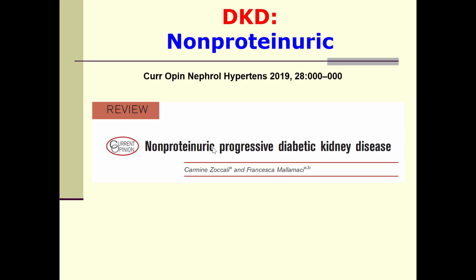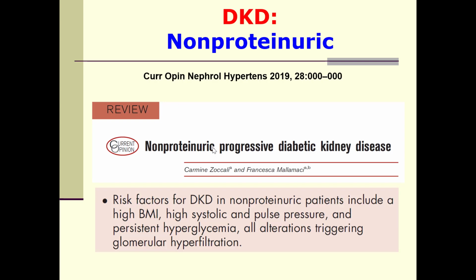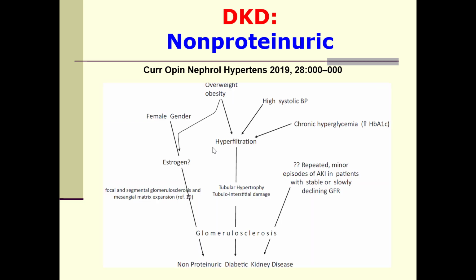We have another term, non-proteinuric progressive diabetic kidney disease. The risk factors for diabetic kidney disease in non-proteinuric patients include a high body mass index, high systolic and pulse pressure, and persistent hyperglycemia, all alterations triggering glomerular hyperfiltration.